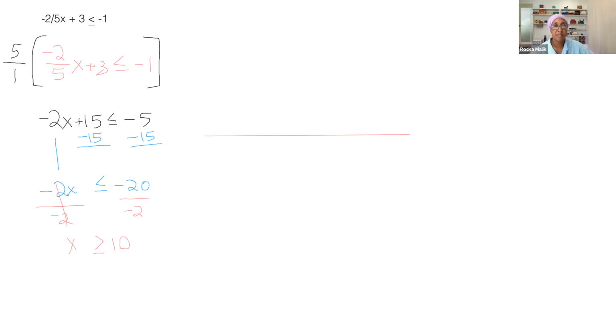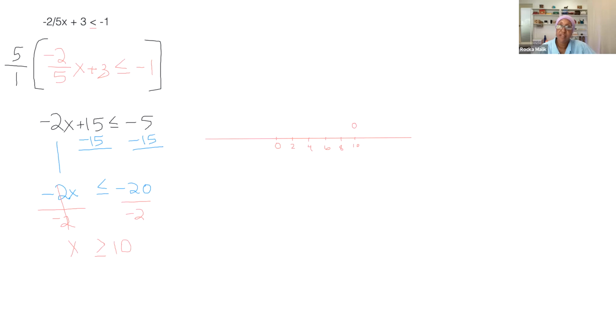Line. So 2. Open or closed circle? All right.